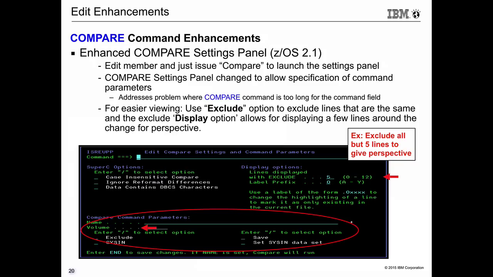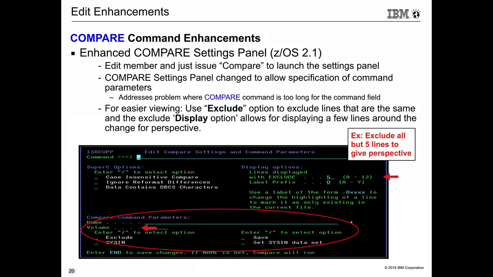So if you type just the word compare without any operands, you'll pull up the panel that you see on this screen here. And the big area that's circled down there is where you put all the stuff that formerly would have been on the command line. So you can put a much longer data set and member name there. You would put a slash by exclude to do the same thing as the X I had on the previous chart.